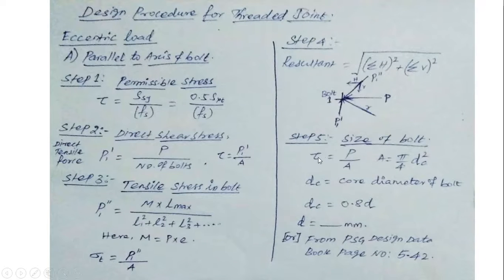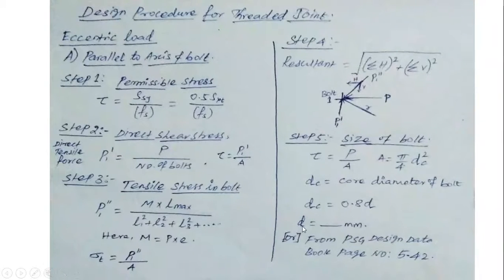Maximum shear stress equal to the maximum load the bolt withstands in this arrangement, P divided by area. Area equal to pi by 4 dc square, where dc means core diameter of the bolt. After we find the dc value, through this equation we will find the d value. D is the nominal diameter of the bolt, the outer diameter. Dc equal to 0.8 d.